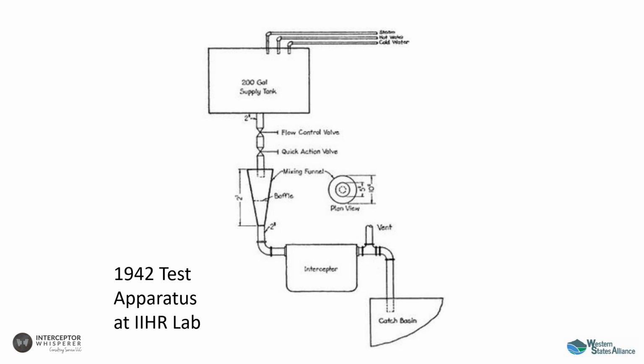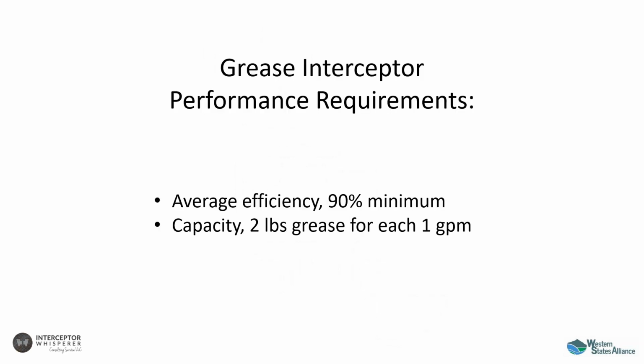So then the question would be, how would we determine efficiencies? Well, in this case, they decided on an average efficiency of 90%. So if 10 pounds went into the grease interceptor and 1 pound escaped into the catch basin, then that would be 90%.